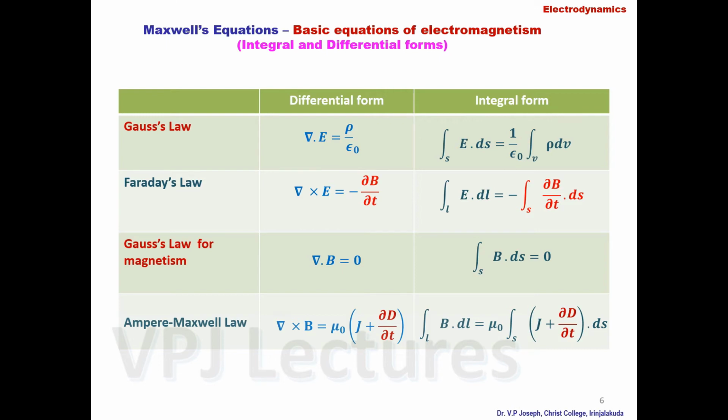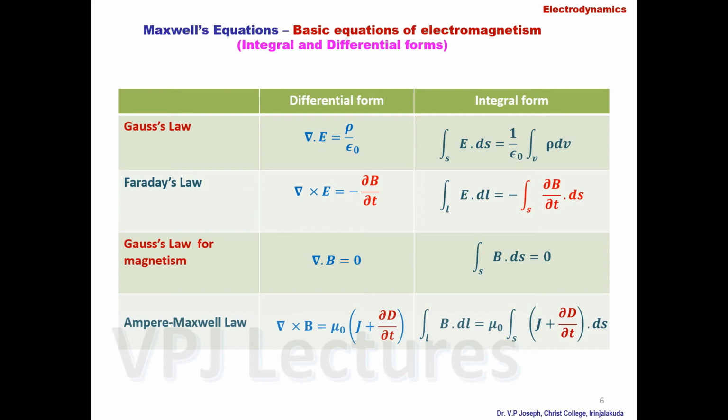The first one is Gauss's law, the second one Faraday's law, the third one Gauss's law for magnetism, with no change for these three equations, and the last one is the Ampere Maxwell law, that is del cross B is equal to mu 0 J plus mu 0 epsilon 0 dou E by dou T.